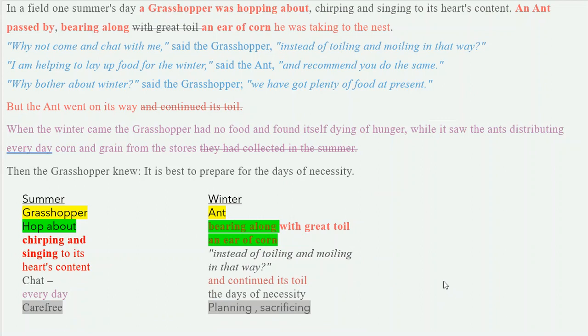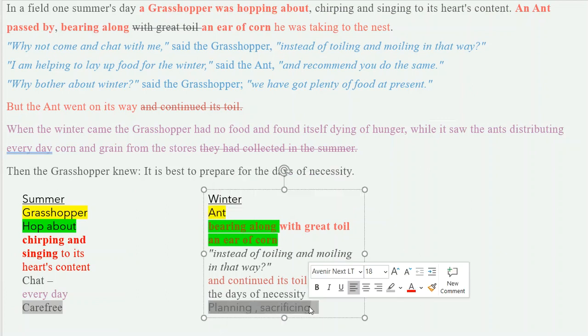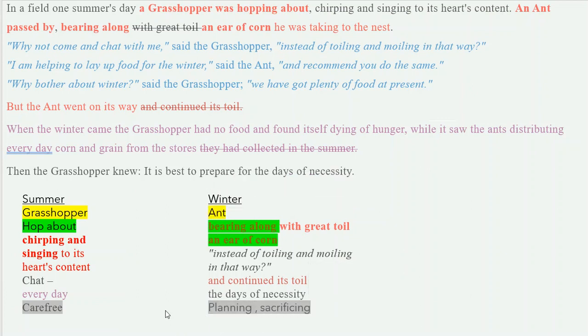The theme is continued. So yeah, the story is not just a story, right? We have two contrasting features here, which is being carefree or planning. And what happened? The grasshopper represents being carefree, right? And the ant represents those who plan and sacrifice.